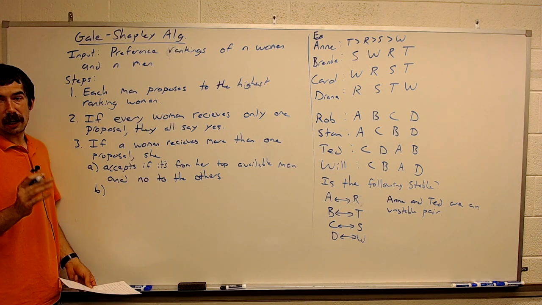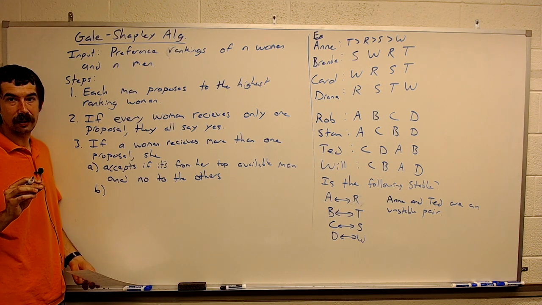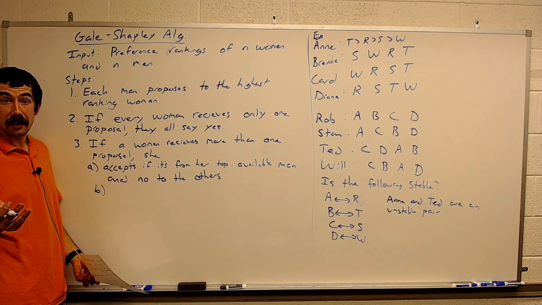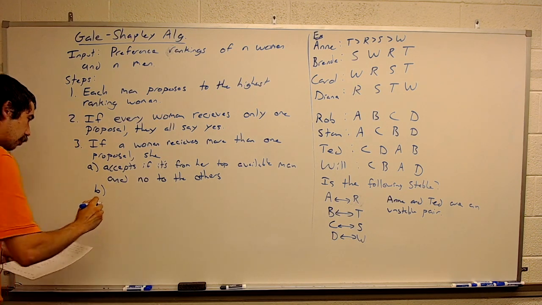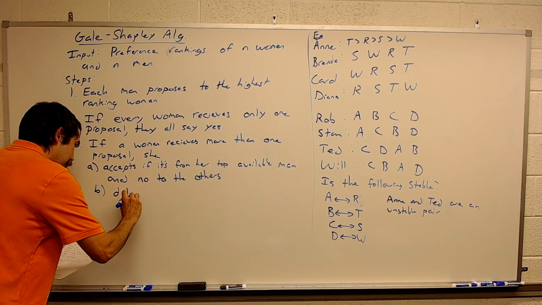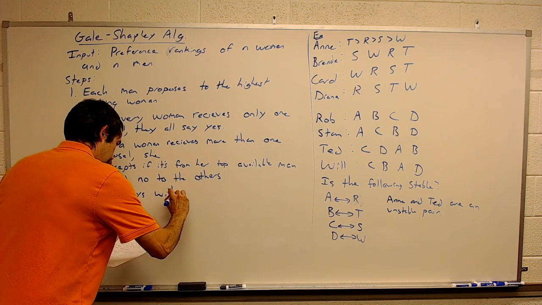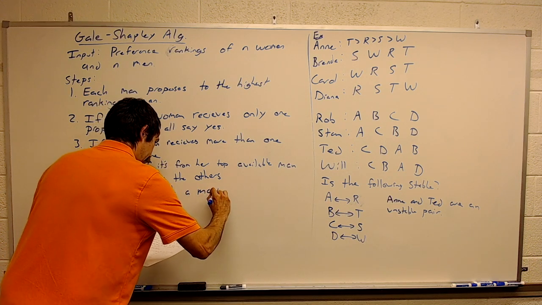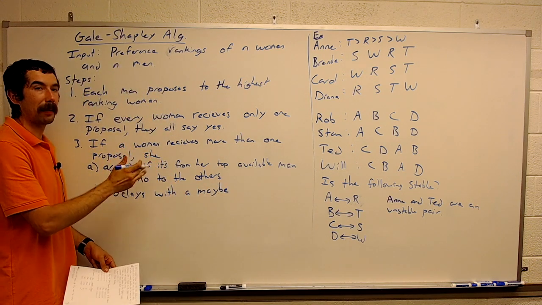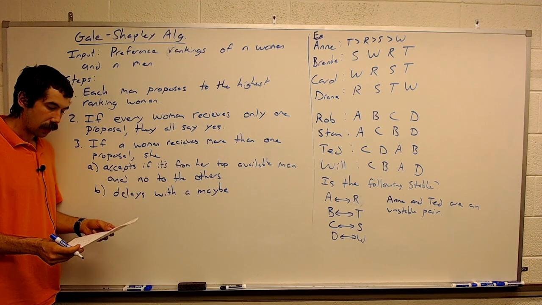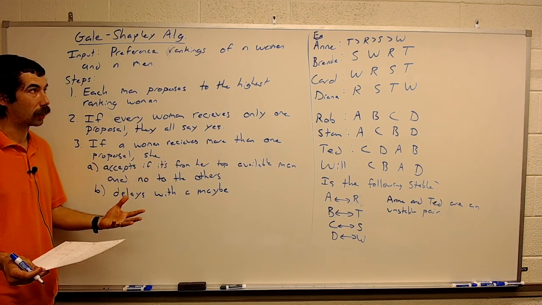If she does not get a proposal from her top choice, she says maybe. Okay, so second thing is she delays. So she'll delay with a maybe to the highest ranked man that proposed to her.